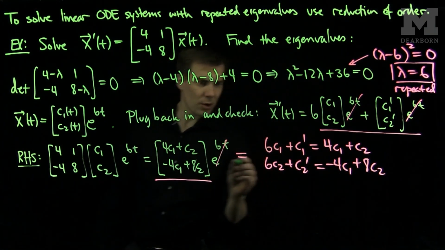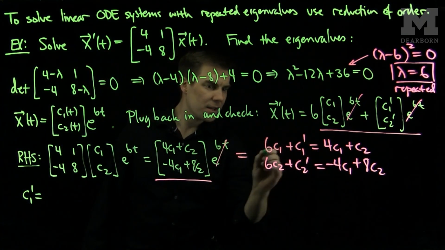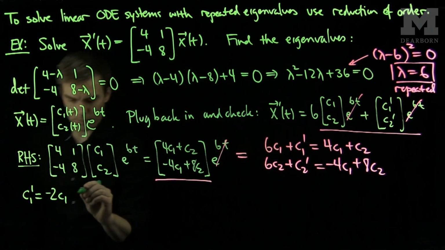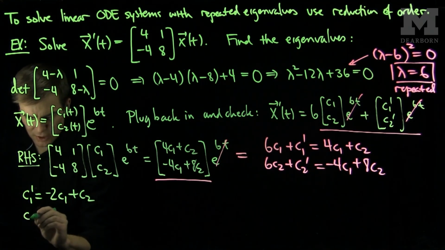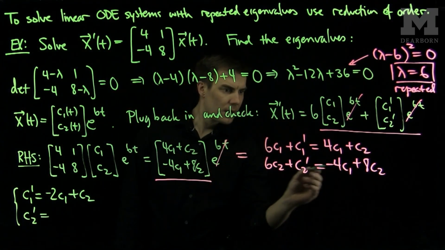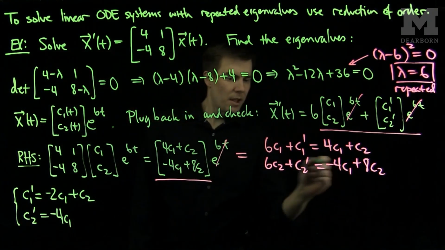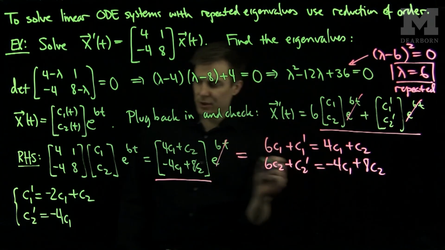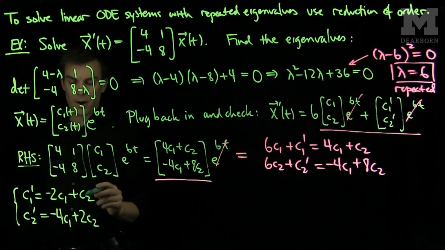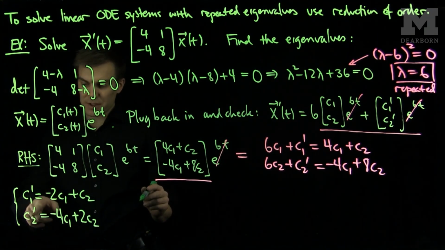Simplifying this, the first equation will become c1 prime will be equal to negative 2c1 plus c2. c2 prime will be equal to negative 4c1, and then a 6c2 minus 8c2 is plus 2c2. From this, I can notice that if I multiply c1 prime by 2, I'll have c2 prime.